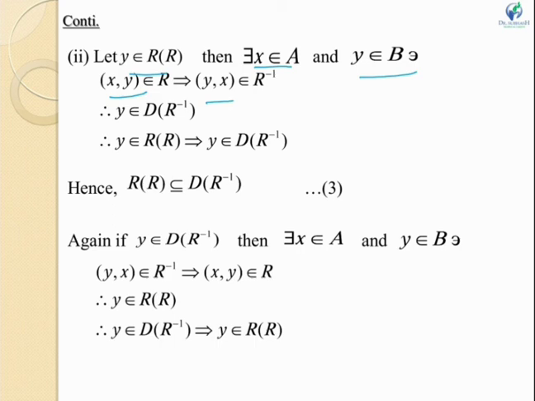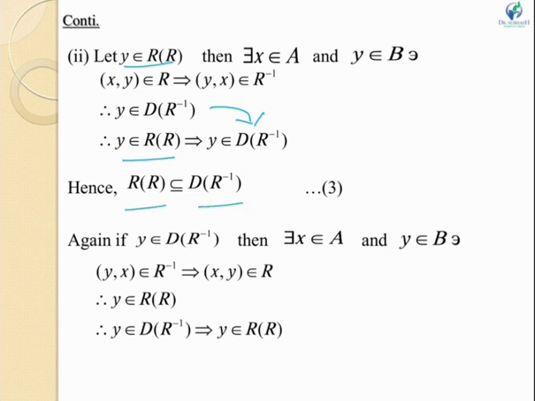Now here y is the first element, so y belongs to the domain of R inverse. So we can say that the range of R is a subset of the domain of R inverse, naming it as equation 3.